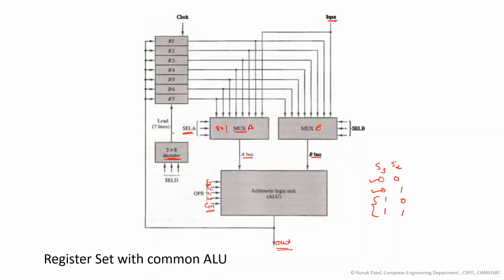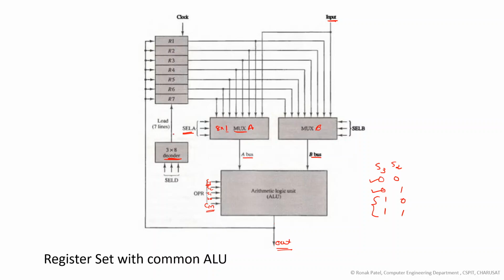This decoder is 3 by 8, meaning 3 selection lines and 8 outputs: 0 1 2 3 4 5 6 7. Whenever you select a line, it will pass 1 to that line. Suppose I want to store the result in R1. We have the data in all the registers and at the output as well, so now I need to enable R1. To enable R1, that register's enable value must be 1.